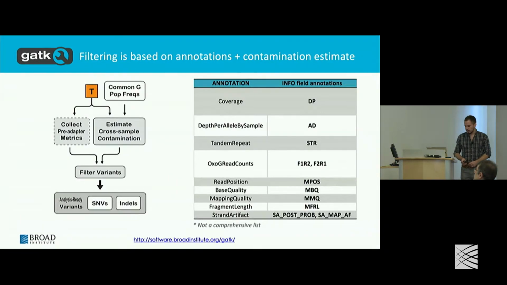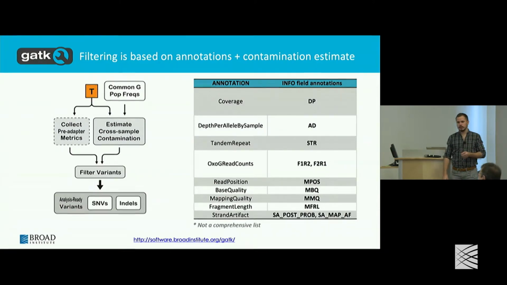The way it's done right now in the workflow is that a lot of metrics are computed in the Mutect2 step, and those metrics are part of the VCF that is output by the Mutect2 tool. For example, there will be a metric that indicates coverage at a particular site, or read position, or average read positions, things like that.